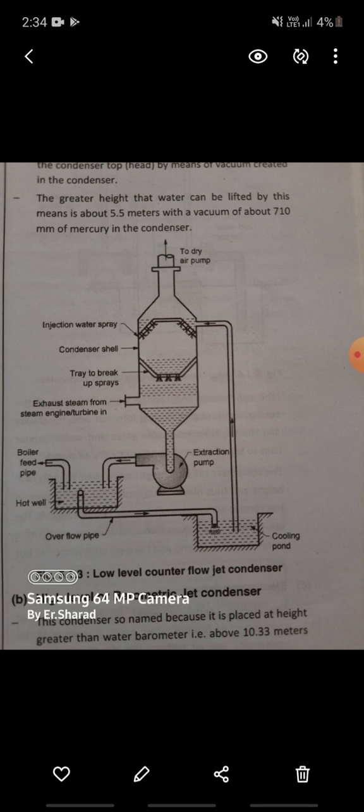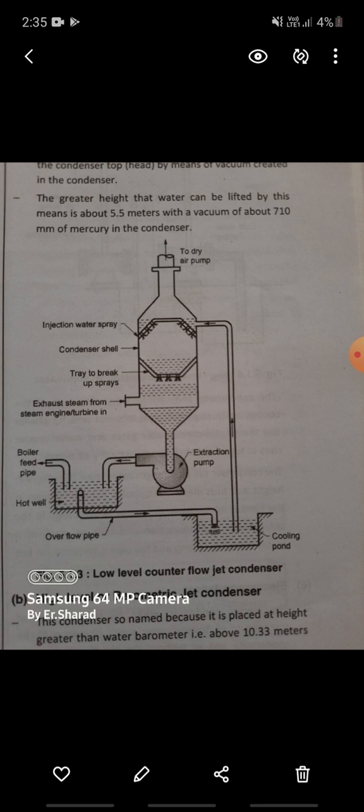A combined pump or separate pumps are required to extract the cooling water, condensate, and air from the condenser.